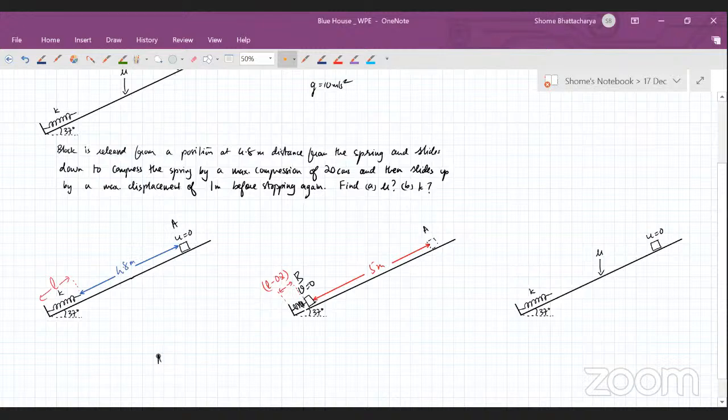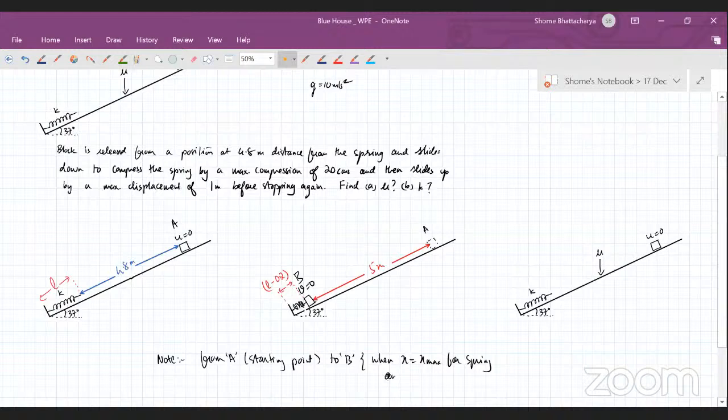So from A, that is the starting point, to B, when x is equal to maximum compression for the spring and v is equal to 0 for the block. The block will momentarily stop when the spring has maximum compression. The displacement of the block is 4.8 meters plus 20 centimeters. That is 5 meters.